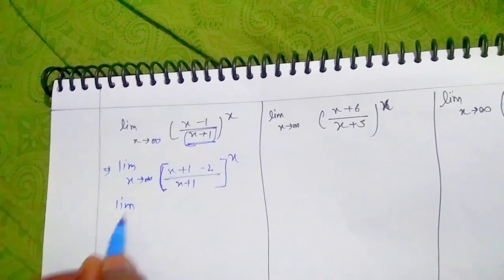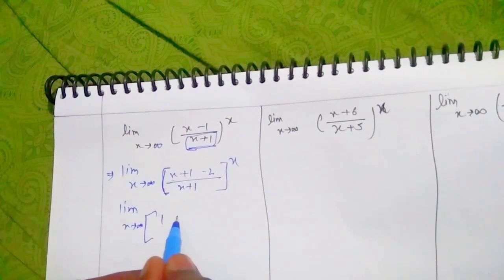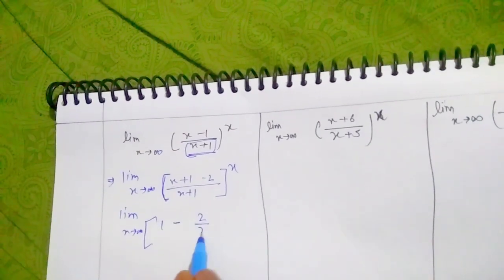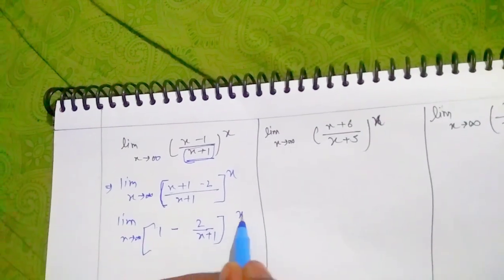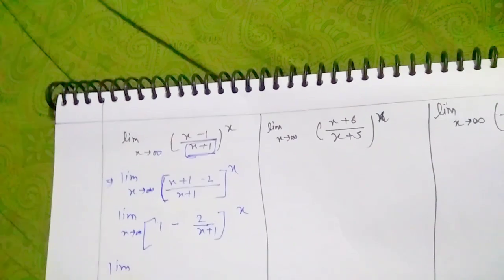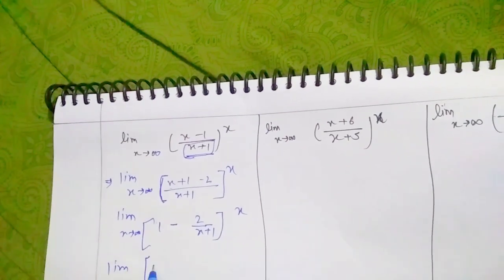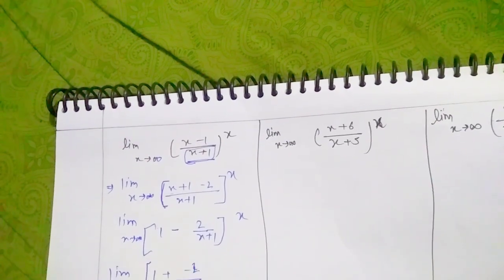Now limit x tends to infinity, and it gives us 1, and it all gives us 2 minus 2 plus 1. So what we can do, it looks like the same as the identity, 1 plus minus 2 upon x plus 1.